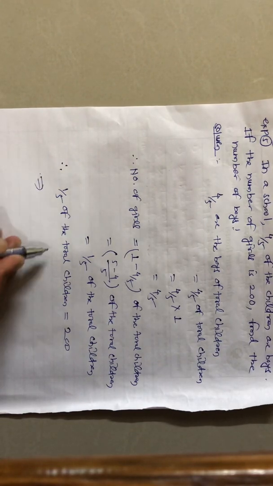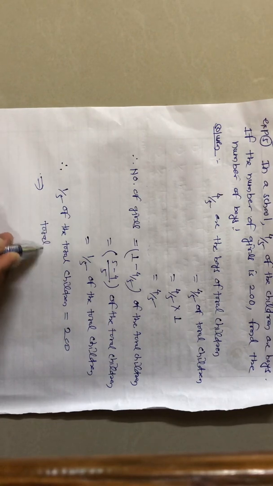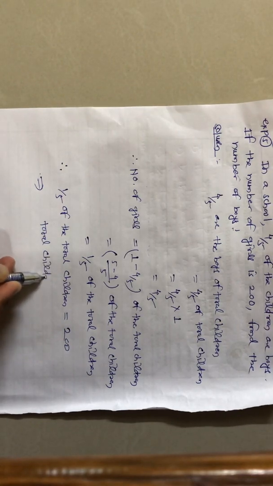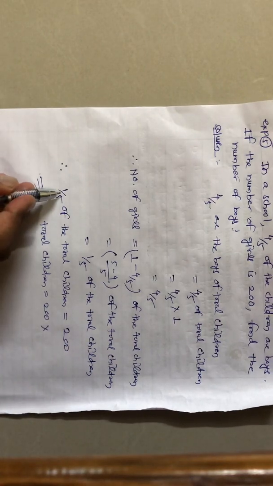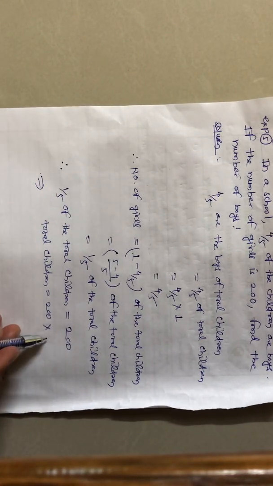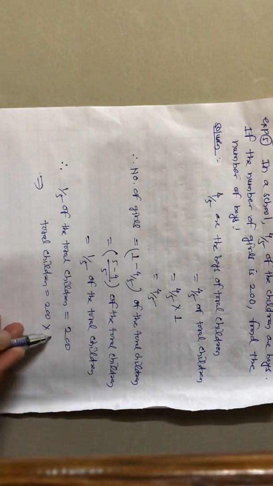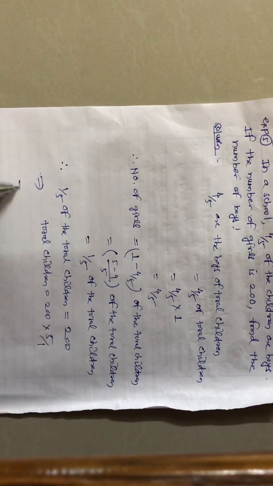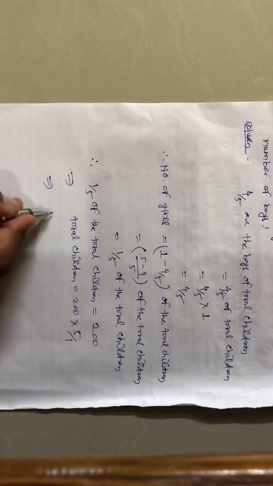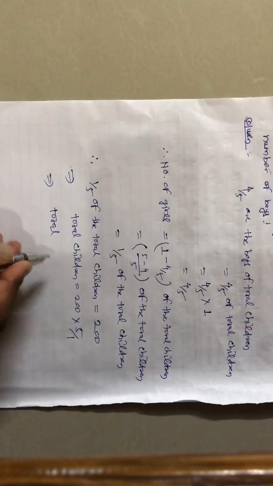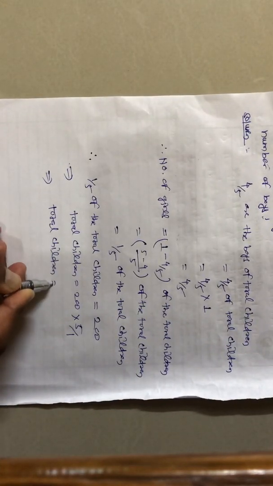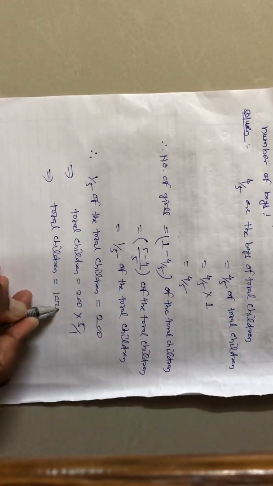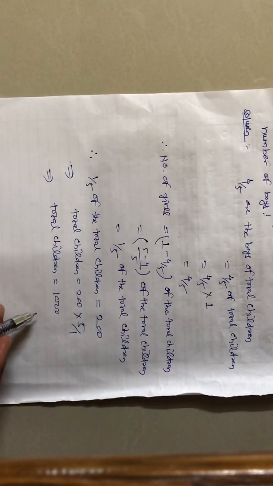So this implies that total children is equal to 200 multiplied by, so 1 upon 5 if you are taking this side, so the reciprocal, 5 upon 1. So this implies that total children, 5 twos are 10, so total children are 1000.